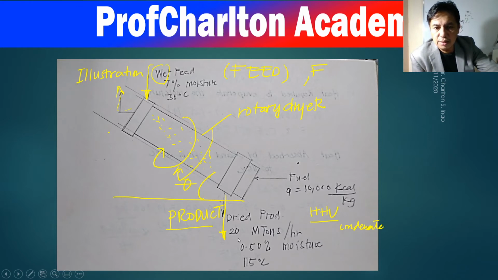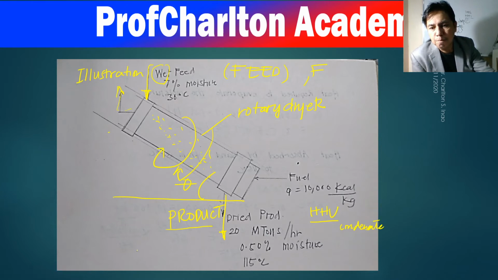Now, what are the other givens? The other given is this. We expect that the P, or the mass flow, in kilograms per hour on the product side, is 20 metric tons.